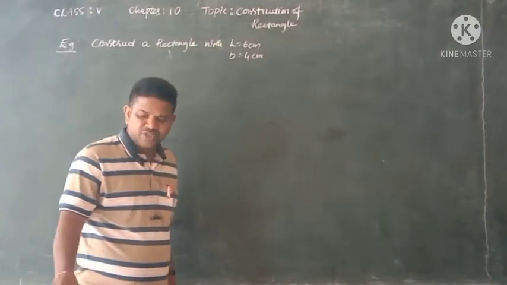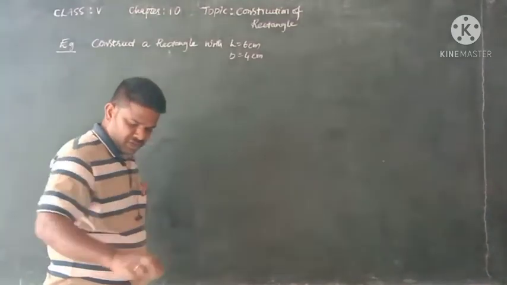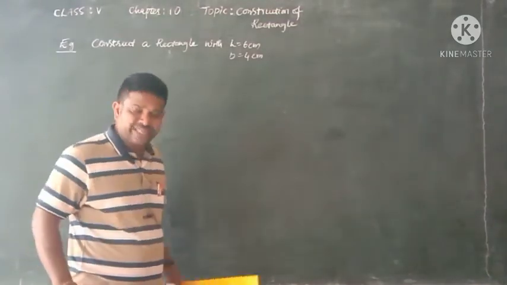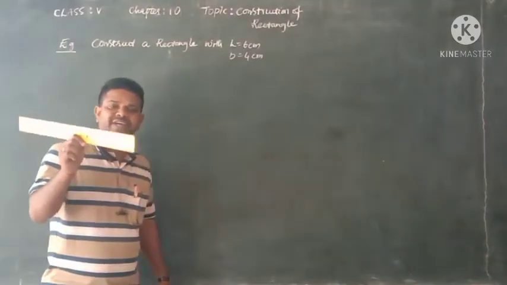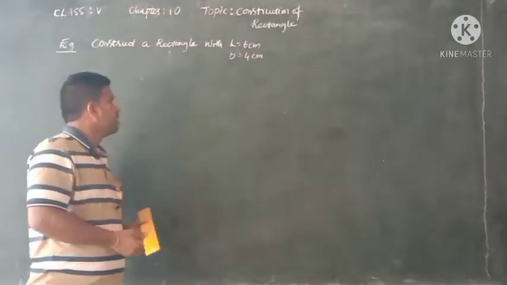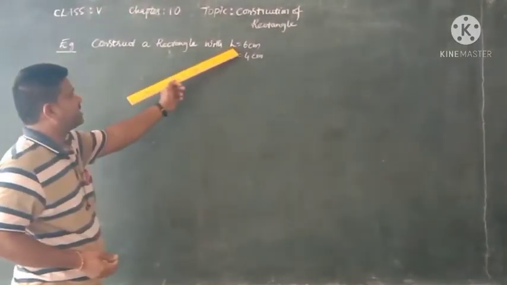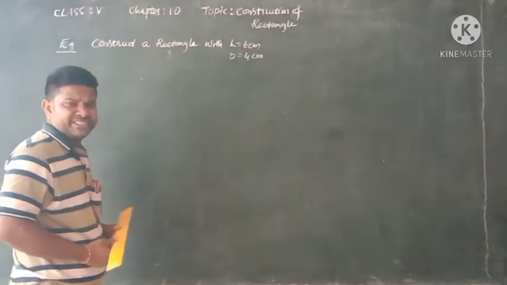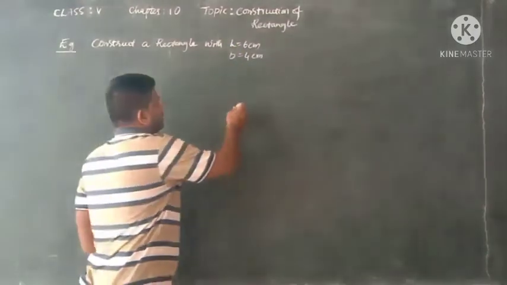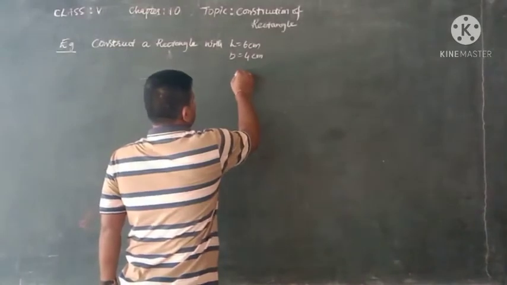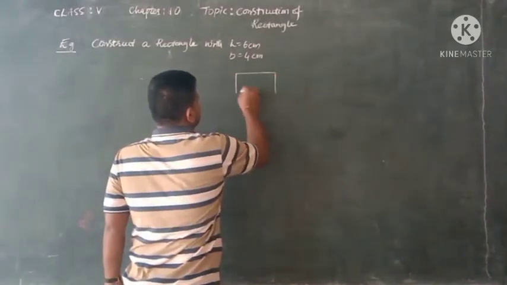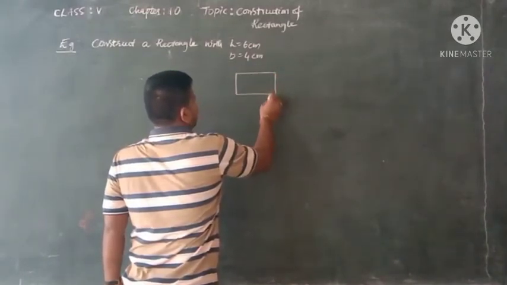I told you that to construct a square or rectangle, first of all, we get a scale or ruler. The length which is given is 6 centimeters. So first of all, draw a rough figure. The rectangle has opposite sides equal, as we know.